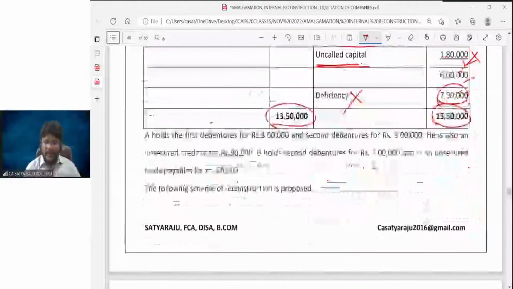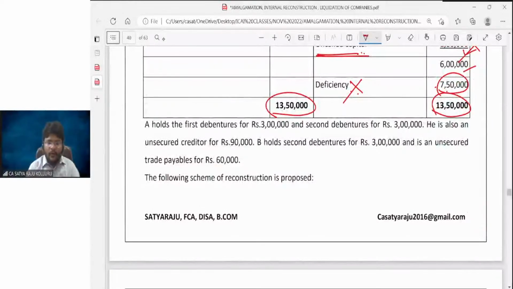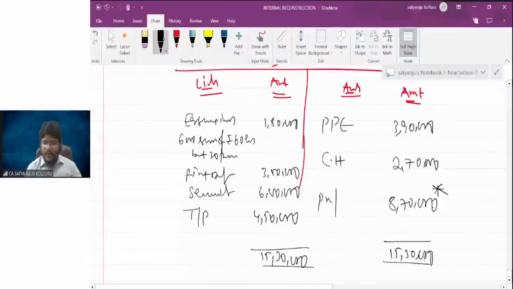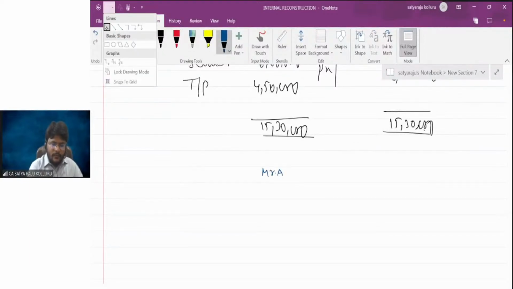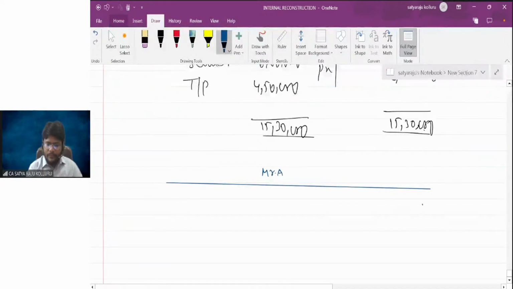Now, let me read the further information in the problem. A holds the first debentures for 3 lakh, second debentures for 3 lakh. He is also an unsecured creditor for 90,000. Come to Mr. A. He is acting as first debenture holder, second debenture holder, and also trade payable.